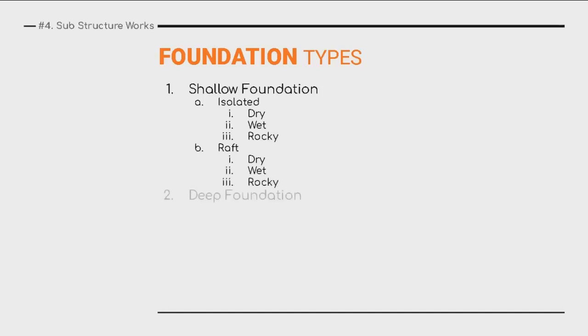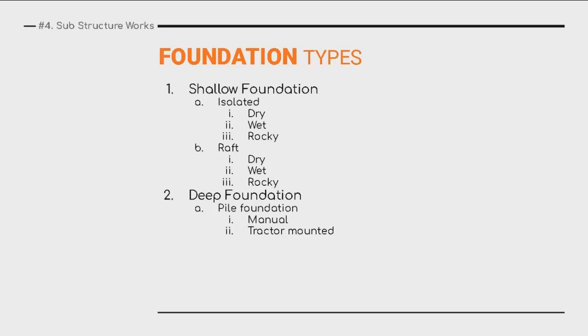Then number 2, that is deep foundation. We have two ways to conduct deep foundation work, that is via using auger or pile foundation. Under it we have manual and tractor mounted. There are a lot of other types of deep foundation as well.